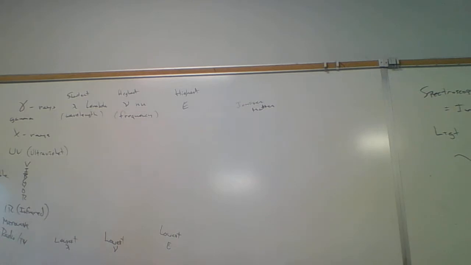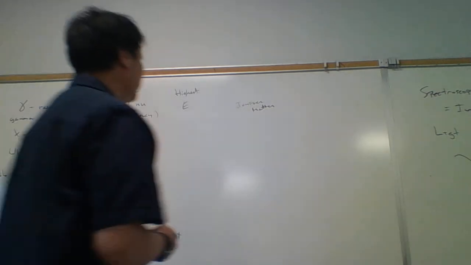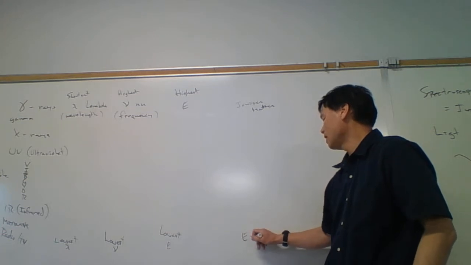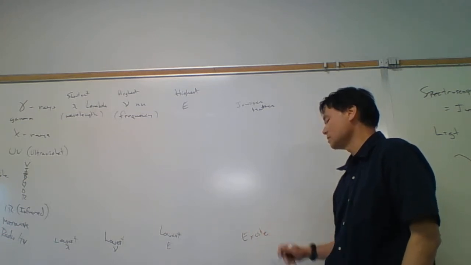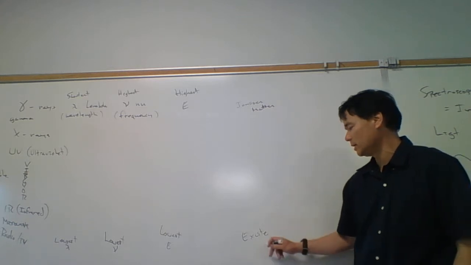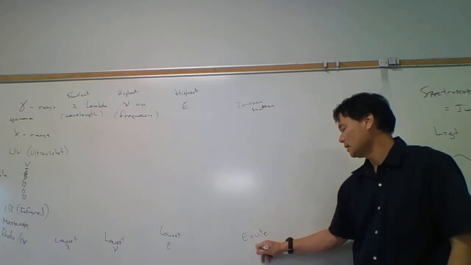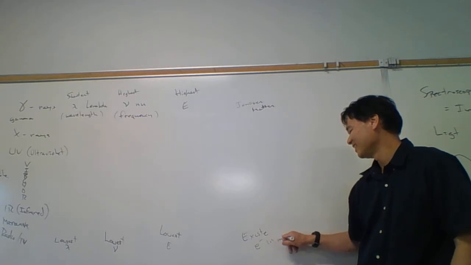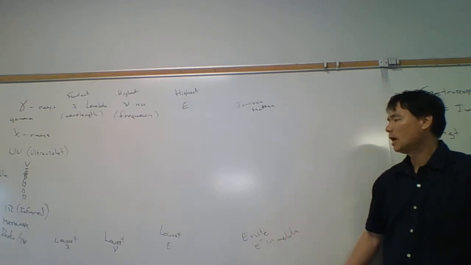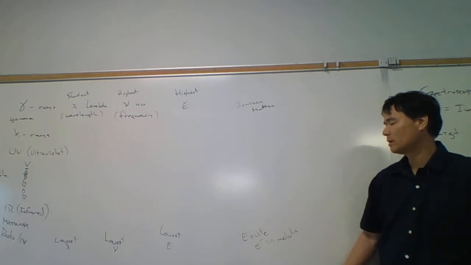So what radio waves can do is they can excite electrons in metals. It's not hard to excite electrons in metals because electrons are kind of loosely held in metals. That's why they're easier to oxidize. A little higher in energy, microwaves. What can microwaves do?